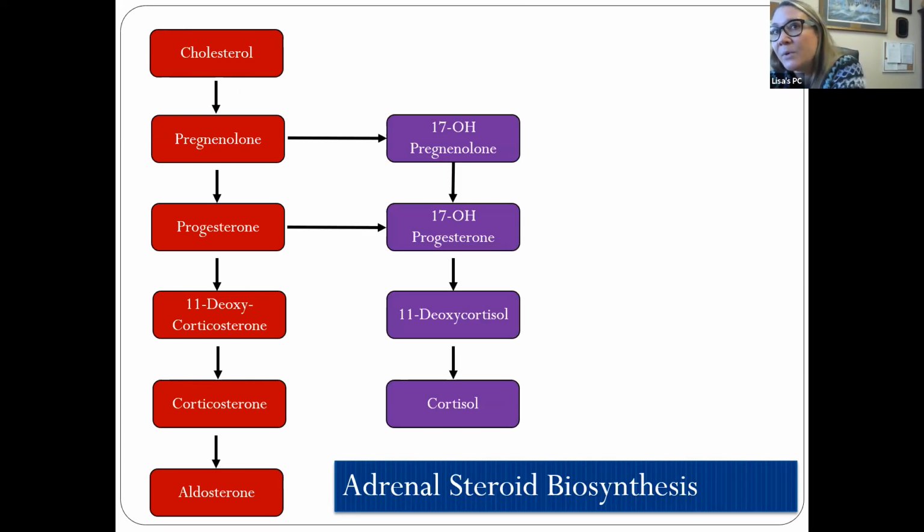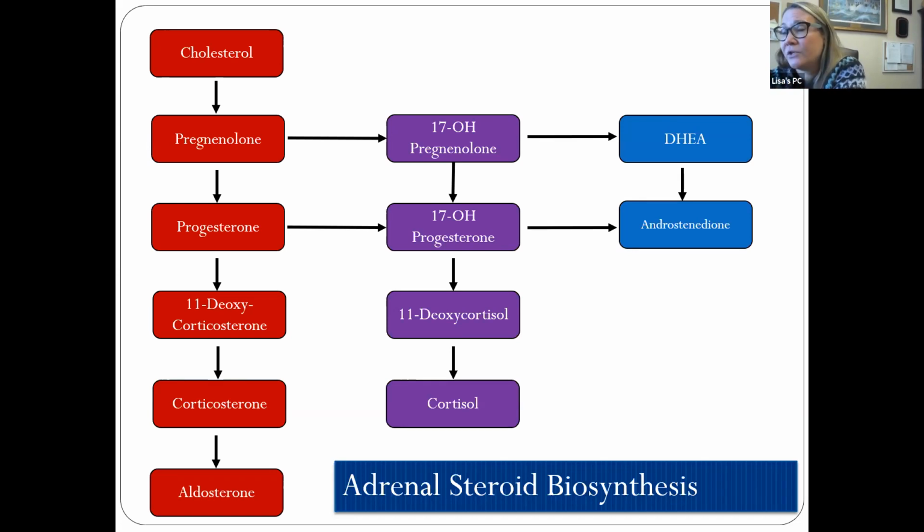Or in the upper steps of that process, you can shunt over to your fasciculata and go down to make cortisol, or shunt over to your reticularis, where you make DHEA and then androstenedione. Androstenedione can be converted to testosterone, but that doesn't happen in the adrenal gland. That can happen in the ovary and the testicle. The adrenal gland can only make DHEA or androstenedione, and then in the periphery testosterone can be made from androstenedione, just as an aside.